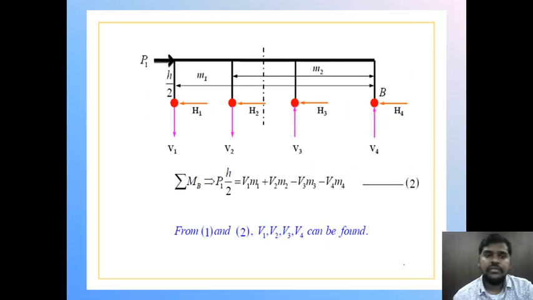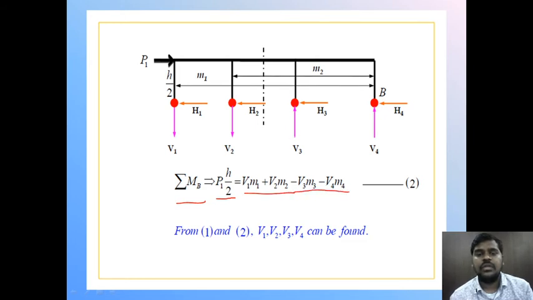Next we have the same diagram to find horizontal forces. For the same diagram we have sigma M about B equal to P1 into h by 2, which is equal to V1 m1 plus V2 m2 minus V3 m3 minus V4 m4. If you consider, the left side has downward forces and the right side of the center of gravity line has upward forces to keep the structure in equilibrium.